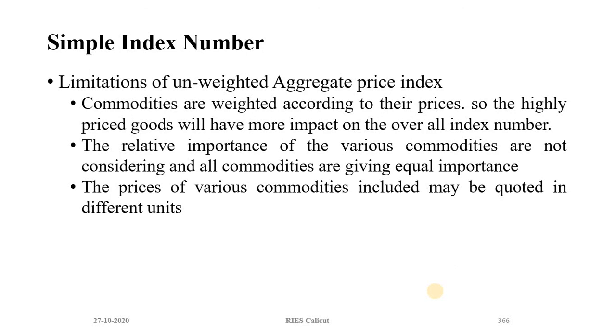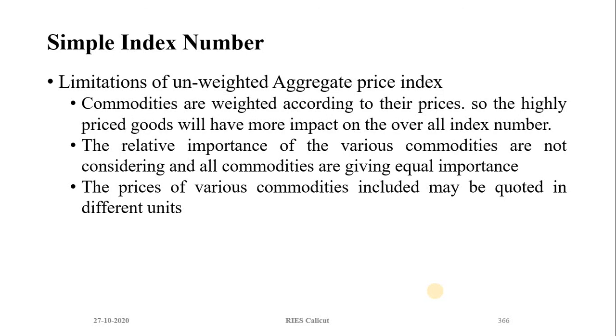Here we are not considering how many units we are buying. We are simply using the price as the major input for constructing this index number. So highly priced commodities will get high weights.